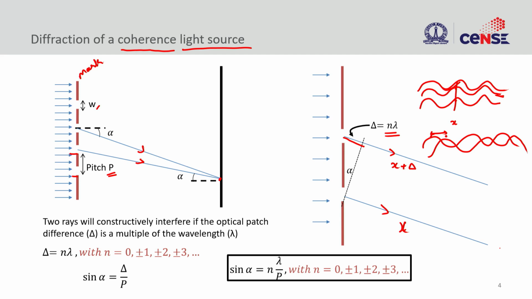And as we saw, if there is a change in the path length, this is going to bring in some phase difference. So, as we saw here, this is that delta x we had. This is going to bring us some path difference or phase difference between these two beams, and from the interference principle we know this phase difference is very important to create either constructive interference or destructive interference.